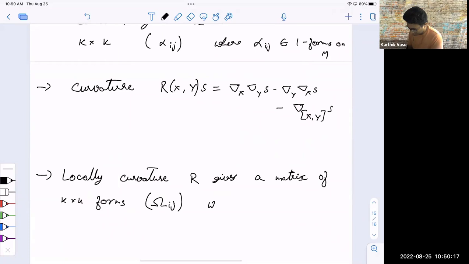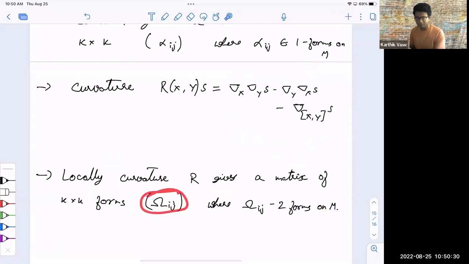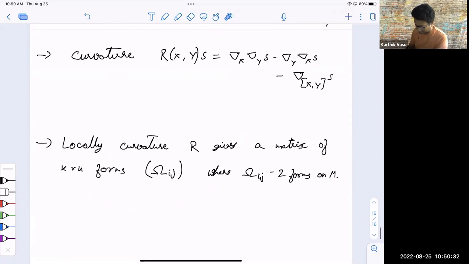So these omega ij's now will be two forms on M. So these are forms on the base manifold, and they measure the curvature locally of your vector bundle.